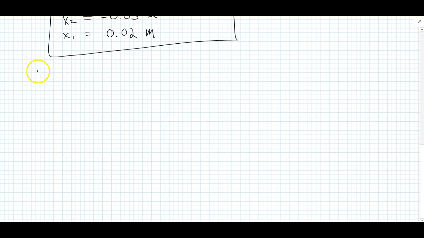All right, let's write down the energy at the moment that it's released, and then the energy at the distance L away. Initially, the electron is at rest, so the kinetic energy is going to be 0.